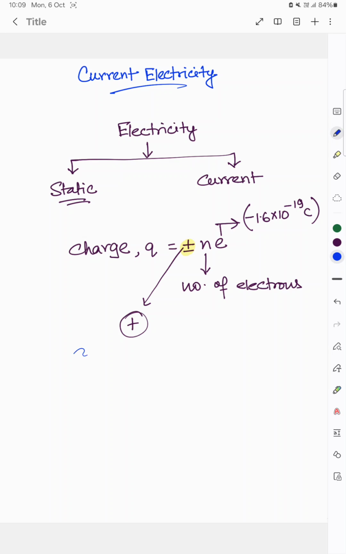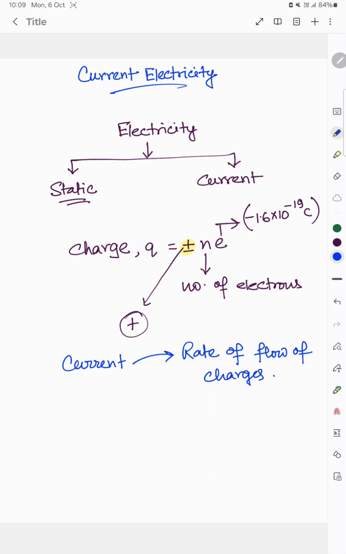So what is current? Current is defined as the rate of flow of charges. Okay, so what is a rate? Rate means a comparison with time, that in a particular time how much charge can be passed.